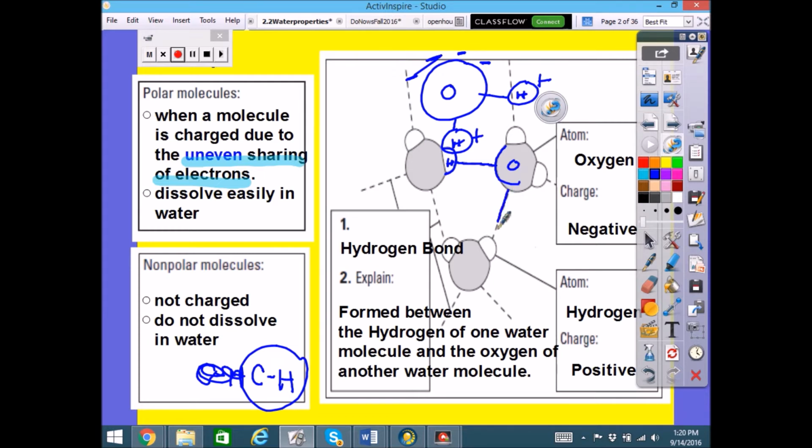Same here. This oxygen is forming a hydrogen bond with this hydrogen. Okay, this is a hydrogen bond. It's actually fairly weak, but when there's a lot of them, it has some strength. Hydrogen bond is the reason why water has those unique properties that you have listed below. High specific heat, cohesion, adhesion.